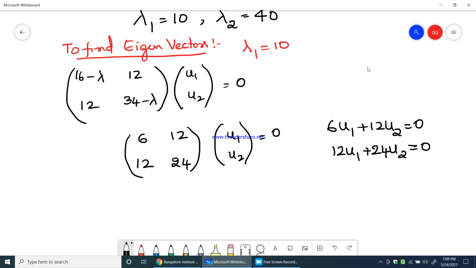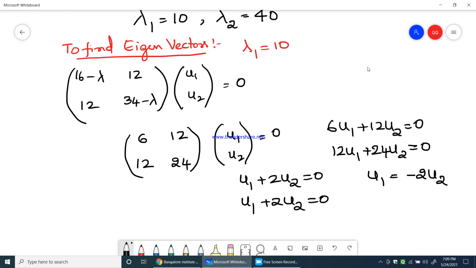I will divide the first equation by 6 and get U1 plus 2 U2 equals 0. The second equation I divide by 12 and get U1 plus 2 U2 equals 0. So both equations are the same. Therefore U1 is equal to minus 2 times U2. Now if U2 equals 1, then U1 will be equal to minus 2.